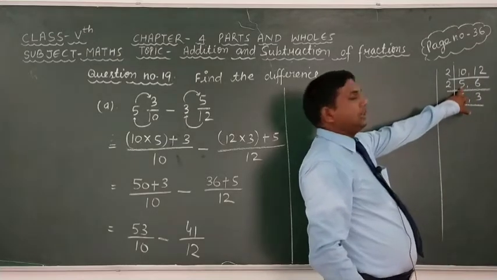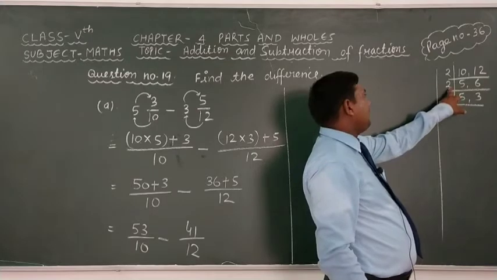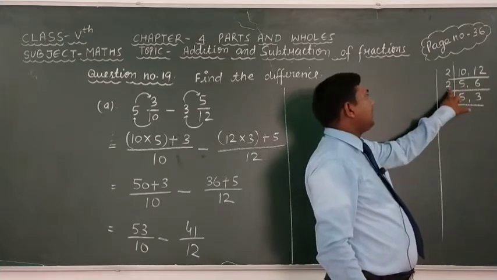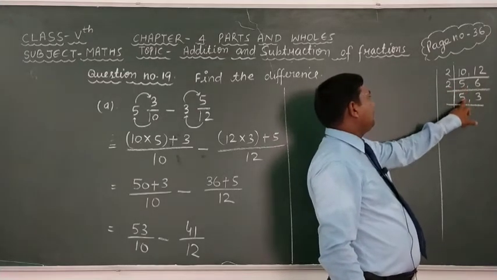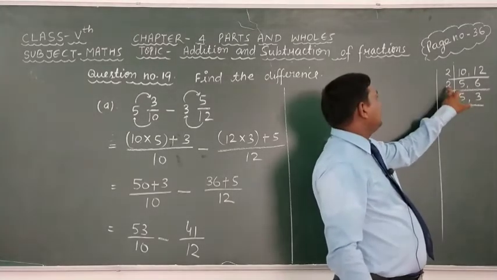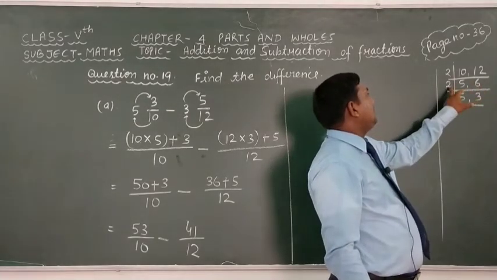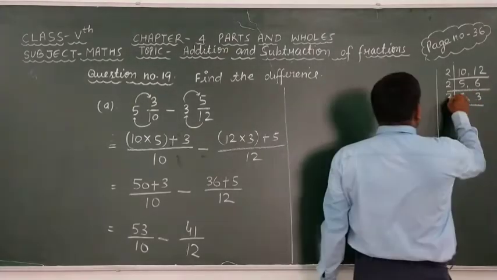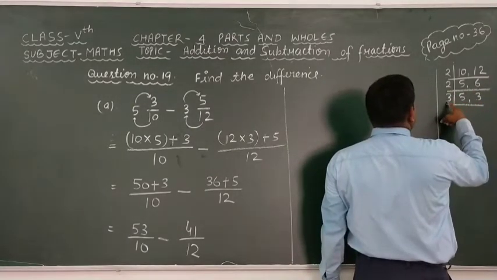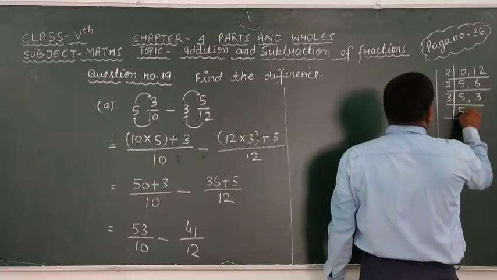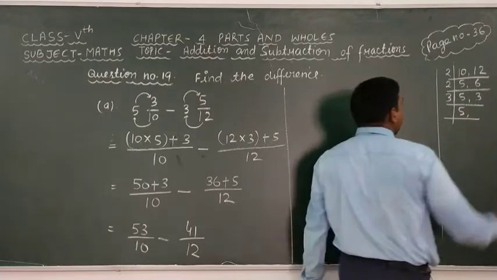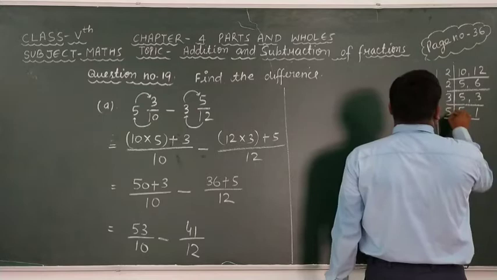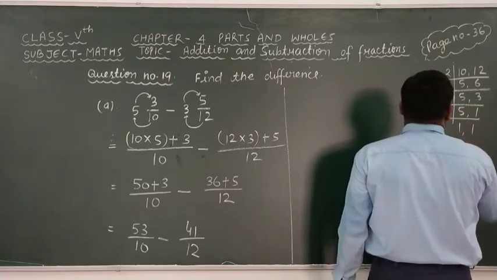Here we get 5; 5 is not divisible by 2, so we take 5 as same. 2 3s are 6, so here we take 3. 5 is not divisible by 3, so we write 5 as same, and 3 1s are 3, 5 1s are 5.